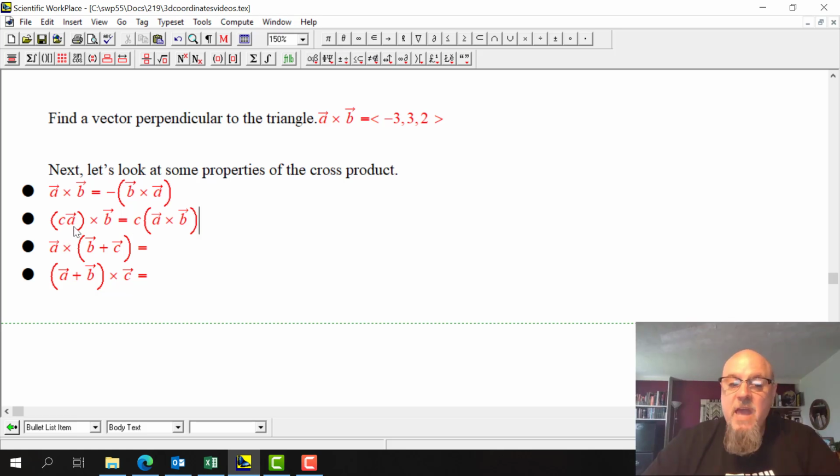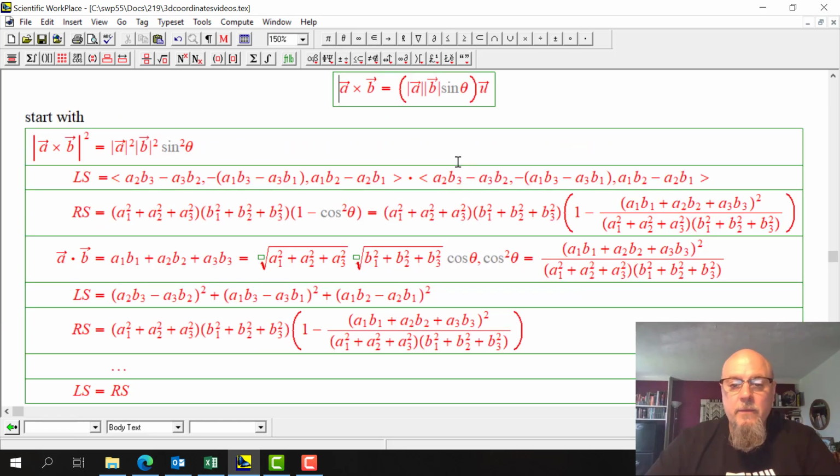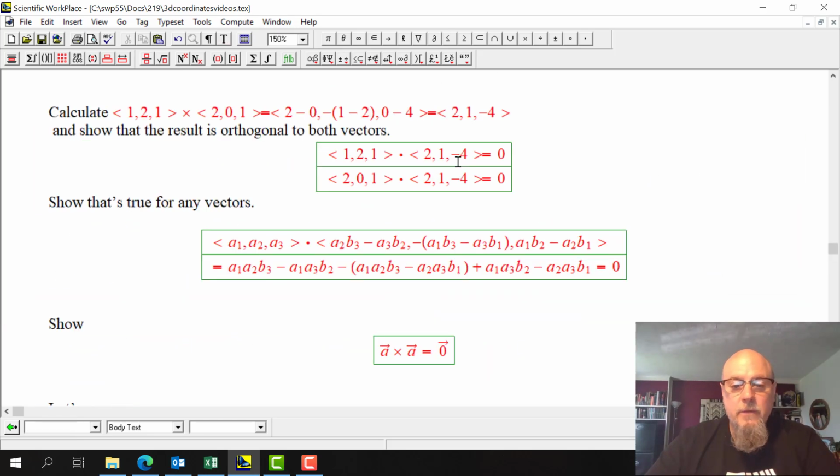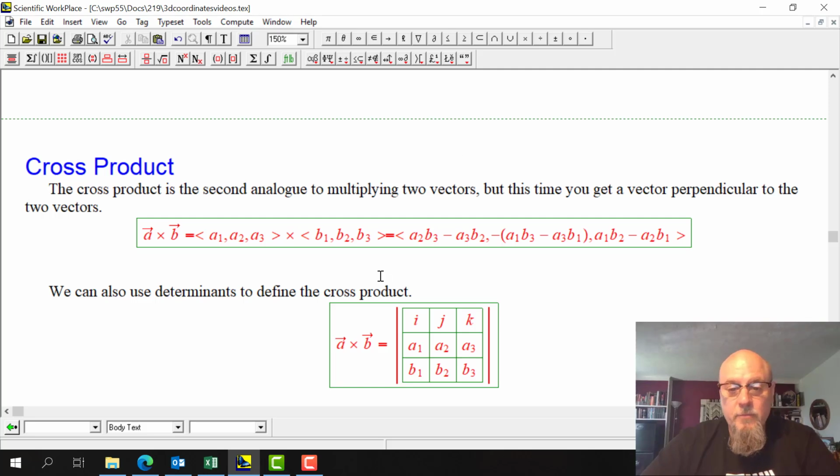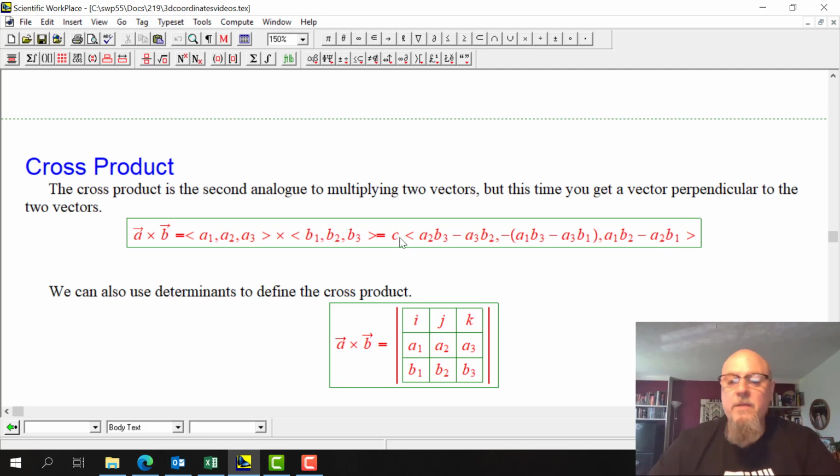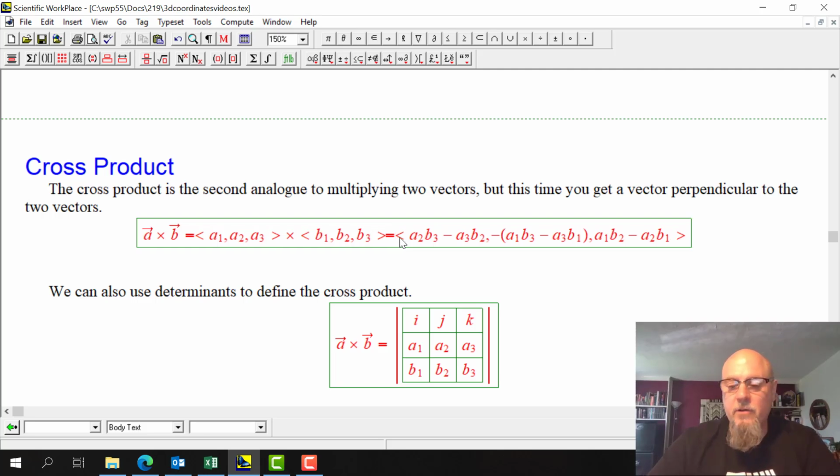The C times the A vector means that each one of those, A1 and A2 and A3, is going to be multiplied by a C. So go back up and look at the definition for cross product. If each one of these A's has a C on it, there's a C here, and here, and here, and here, and here. I could just factor the whole C out and have it sitting at the end, and it would be C times A cross B. That's all I'm saying there.